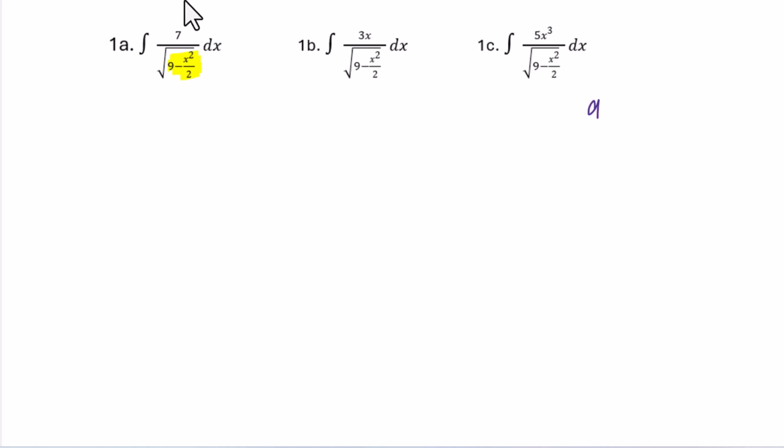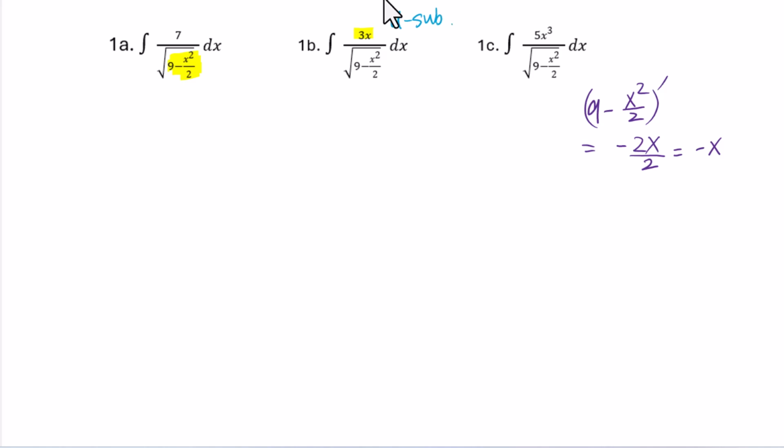Derivative of (9 minus x squared)/2 equals negative 2x over 2, equals negative x. For the numerator, we can create negative x in 1b. So this is the U substitution or reverse chain rule.